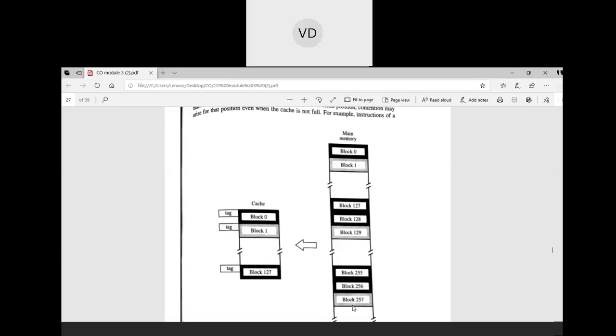Or 257 mod 128, remainder is 1. So block number 1, block number 129, and block number 257 of the main memory are stored in block number 1 of the cache memory. Like this the formula is followed, and the blocks of the main memory are stored into the cache memory.